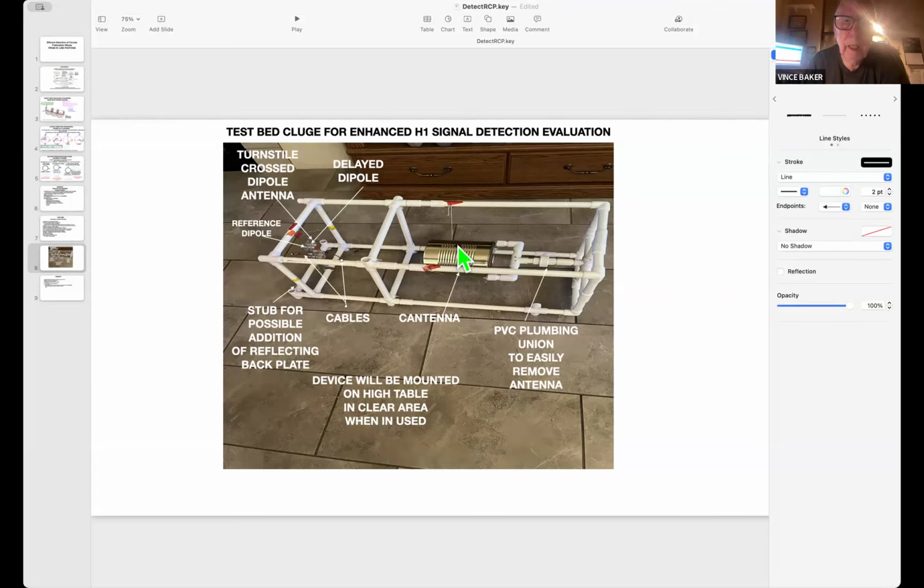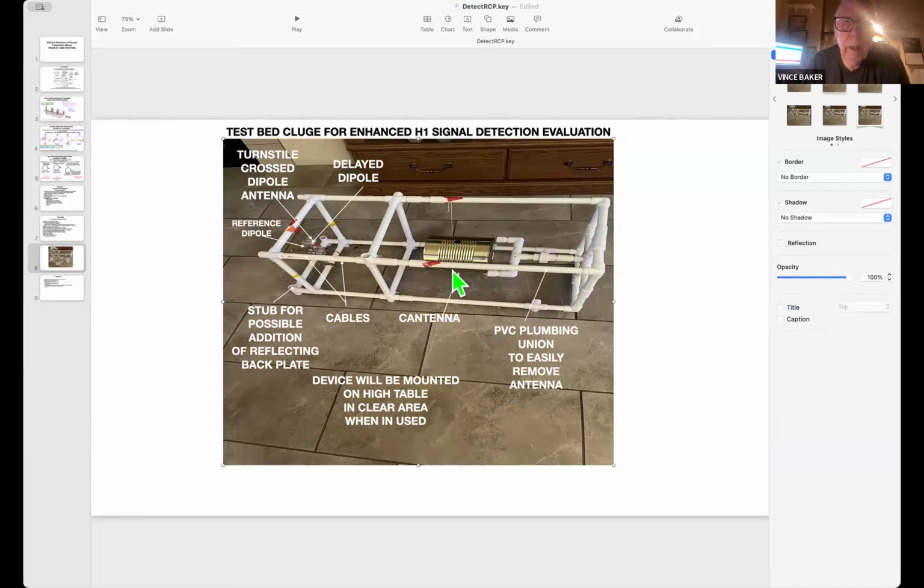And I will probably do the pairs all the way around, this pair and then this pair with the other one underneath, just to see what I have. Then I will do it with my scheme, with one of the ports being delayed, and move my way around the pairs.